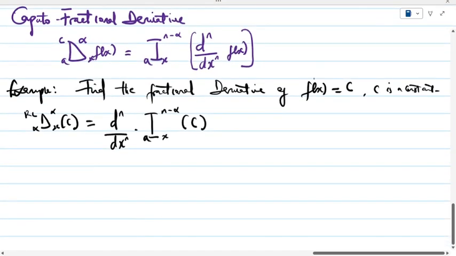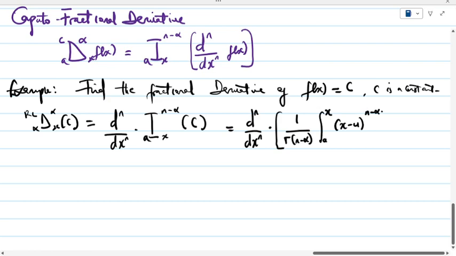So expanding this, we have d^n over dx^n, the bracket 1 over gamma of n minus alpha, integral from a to x of (x minus u) to the power n minus alpha minus 1, f of u, which is c, then du.